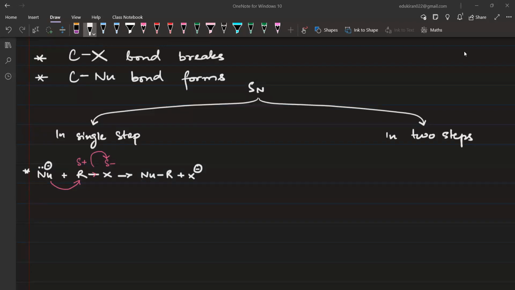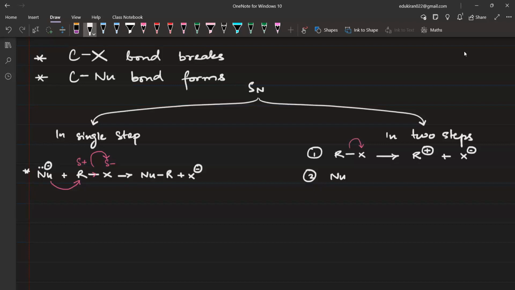Now, if the same thing happens in two steps, then what are the steps that would be occurring? In the first step, the alkyl and the halogen, this bond would break, because carbon cannot form more than 4 bonds ना, तो उसको पहले bond तोड़ना पड़ेगा, then only it can have a new bond, and X negative will be there. In the second step, what would happen?